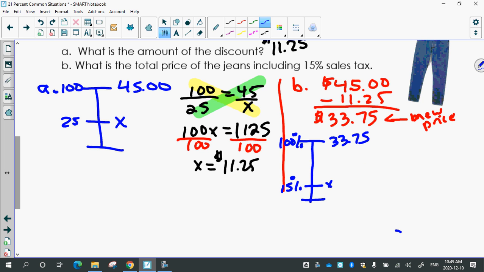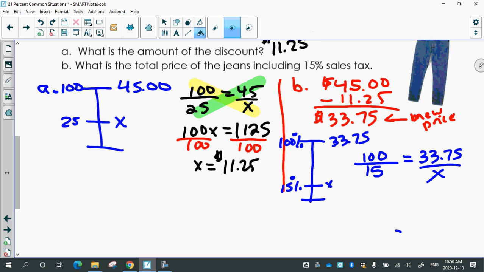So that's going to lead me to make the proportion 100 over 15 equals 33.75 over X. So what we're doing right now is figuring out how much tax they're going to charge us.